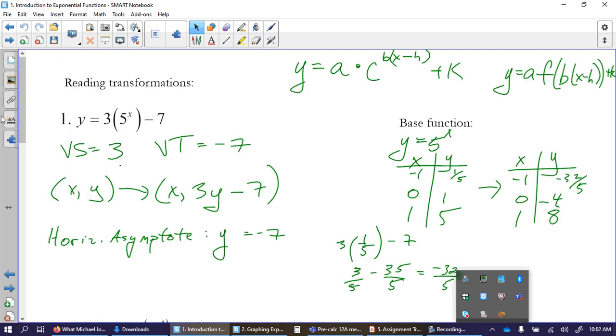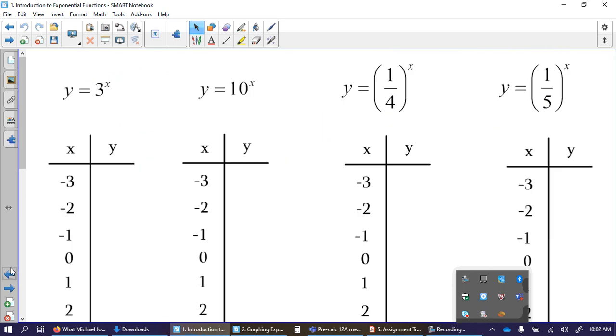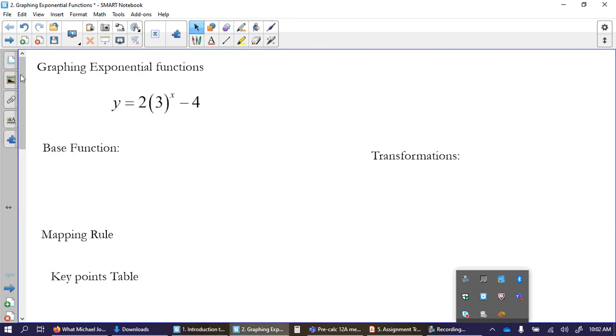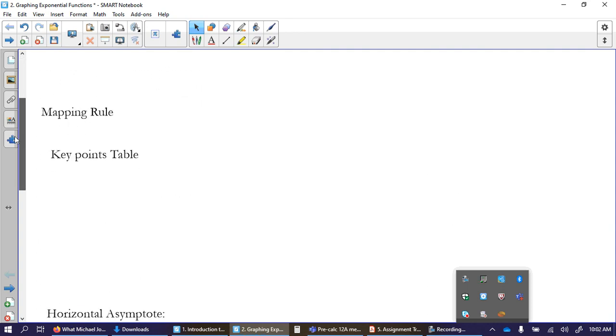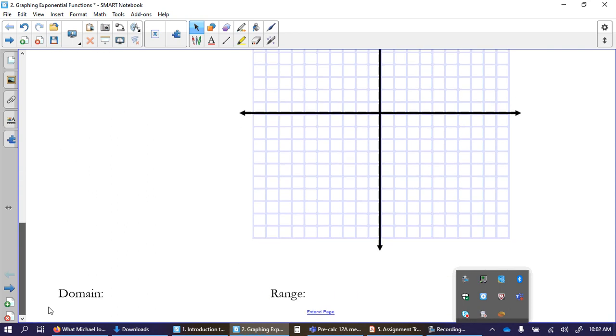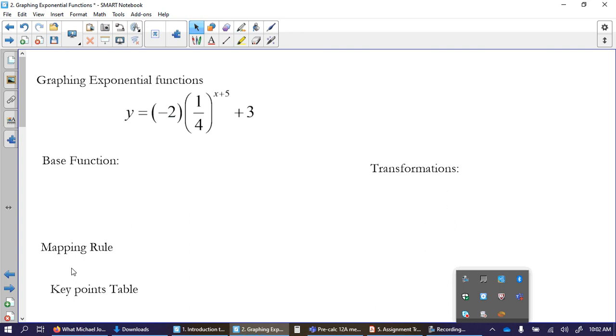Like the base ones, we looked at just reading the transformations. Today, we're going to go through, hopefully, those four on what's a base function, what transformations are there, what's the mapping rule, looking at key points, where's your horizontal asymptote, making a sketch, doing the domain and range, and we'll look at a couple of different things.